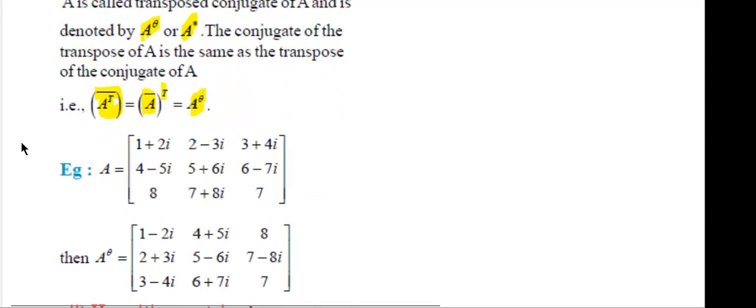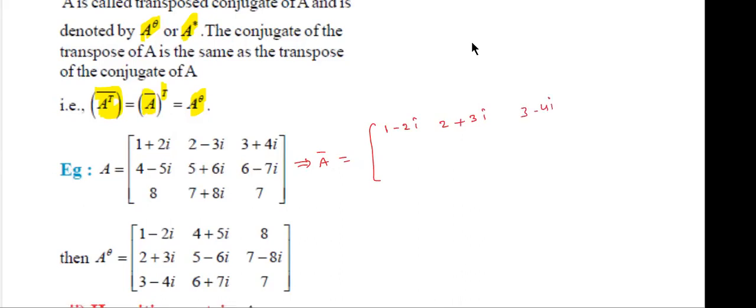See one example. A is there. Here write the conjugate of A. Tell me, students, 1 plus 2i, so we can write 1 minus 2i. 2 minus 3i, we can write 2 plus 3i. 3 plus 4i, 3 minus 4i.